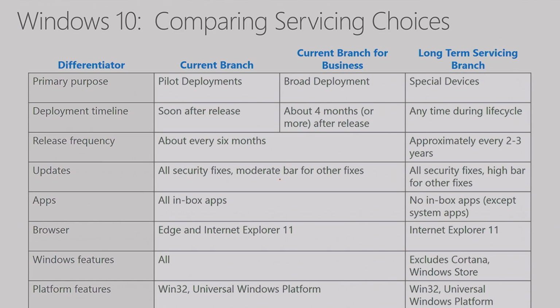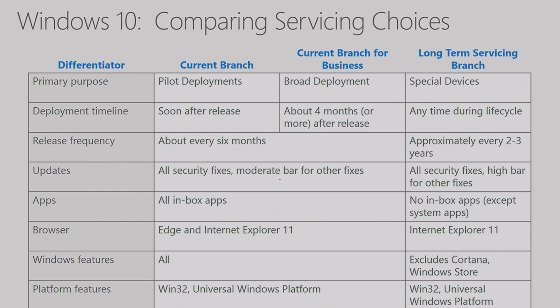It's the same bits. So the only difference between the current branch 1607 and the current branch for business 1607 is the installation of the latest cumulative update that fixes any issues that we might have found in that 4 months. So if you're going through and applying these patches regularly, which you all would be, you would already be running the equivalent of current branch for business before we would even tell you that it was current branch for business.